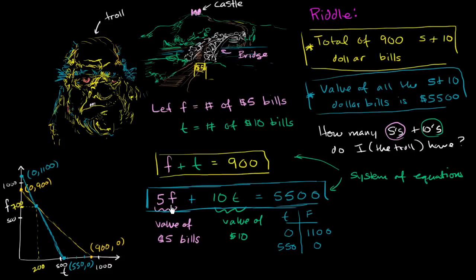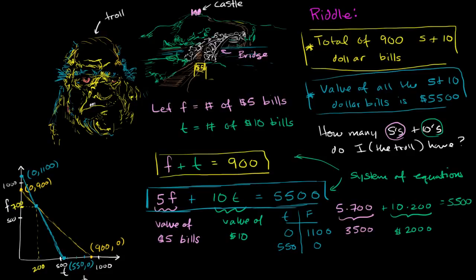And if I have 700 5s, 5 times 700 is going to be the value of the 5s, which is $3,500. And then 10 times 200 is $2,000, the value of the tens. And if you add up the two values, you indeed get to $5,500.